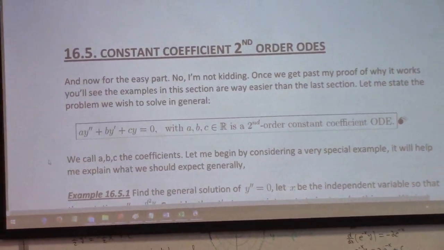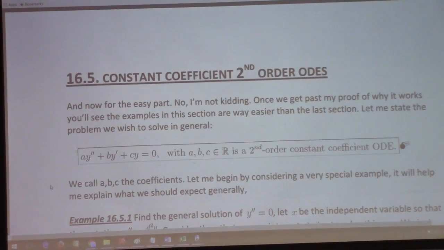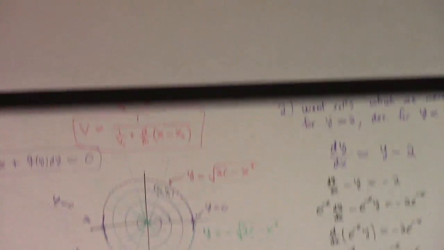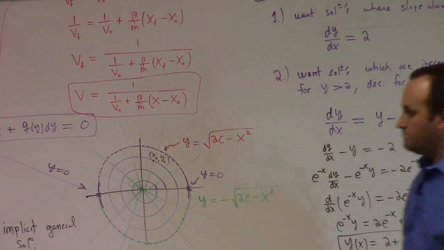In my notes, I refer to the differential equation as the bomb, and so I'm going to show you how to defuse the bomb here, I guess, is one way to look at it. But anyway, I just want to remind you guys, this is there. You can look at it. There's tons of examples not in your book, which might be helpful to you. Now, if you can understand the material by just looking at the book, great. You don't have to look at my notes. It's fine. It's up to you.